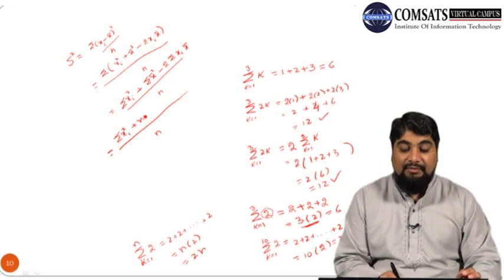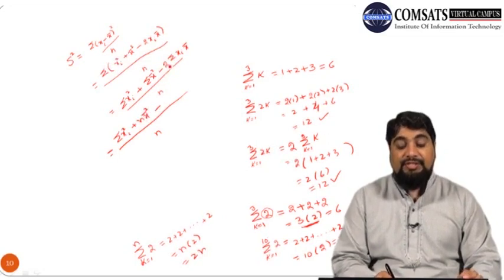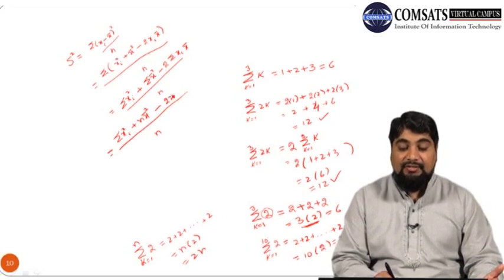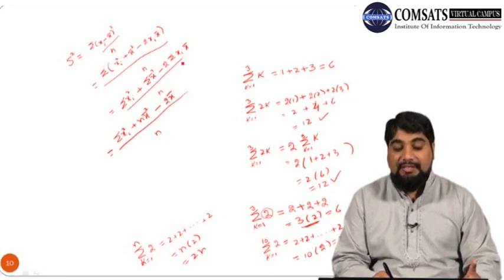So here we will have n x bar square minus, this 2 is constant and can be taken outside the summation, already taken outside. X bar is also constant, which can also be taken outside the summation, and summation will be applied only to xi.